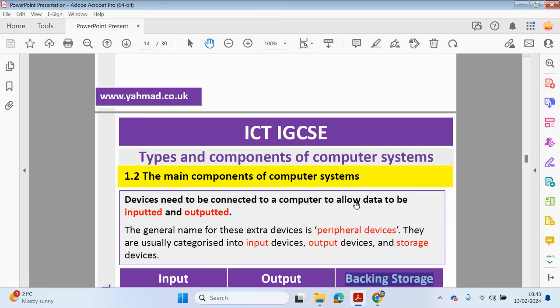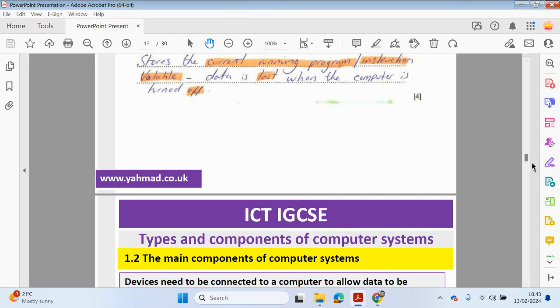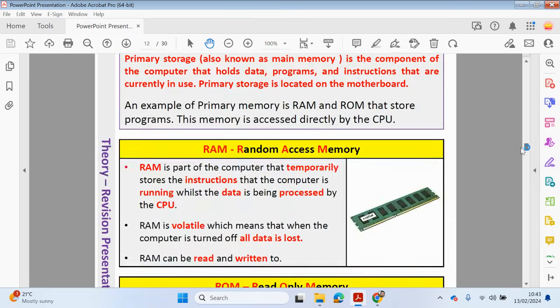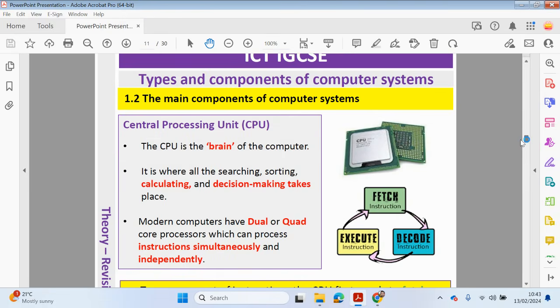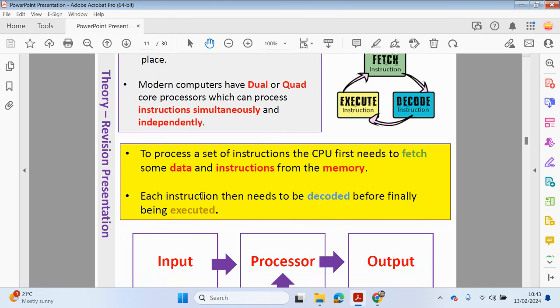Okay, so that was 1.2, the main components of the computer system. Just to recap, we had a look at the CPU, and the CPU is used to basically fetch, decode and execute instructions and data, which is held in primary memory.